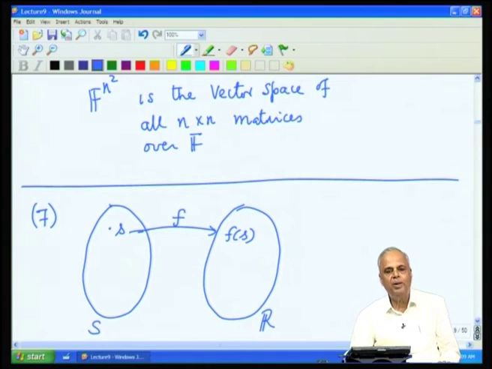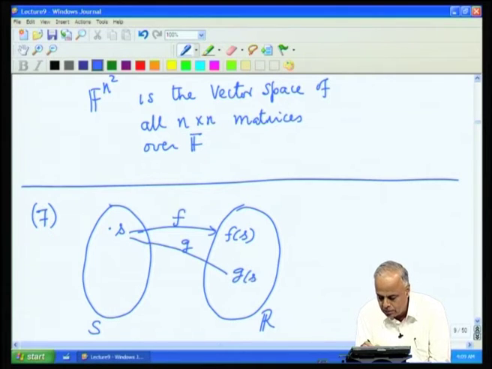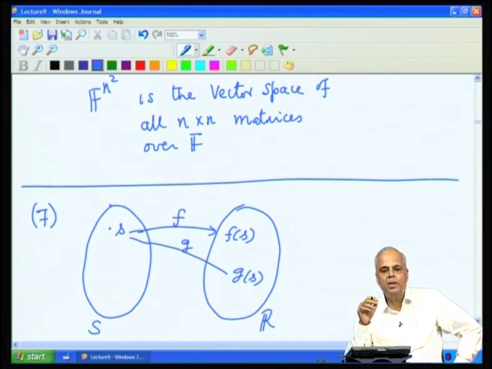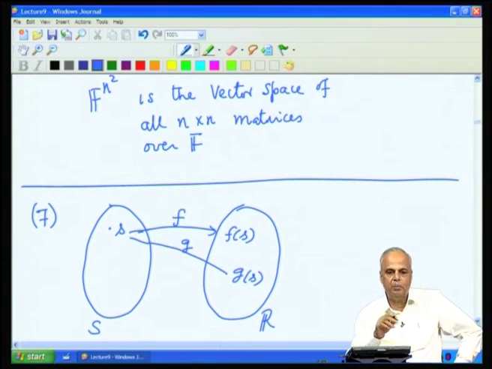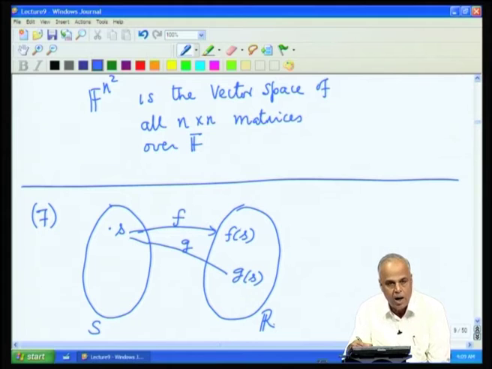So, let us take a function f from S to R, and suppose I have another function g, which associates the value g(s) with s. f associates the value f(s) with an element s.